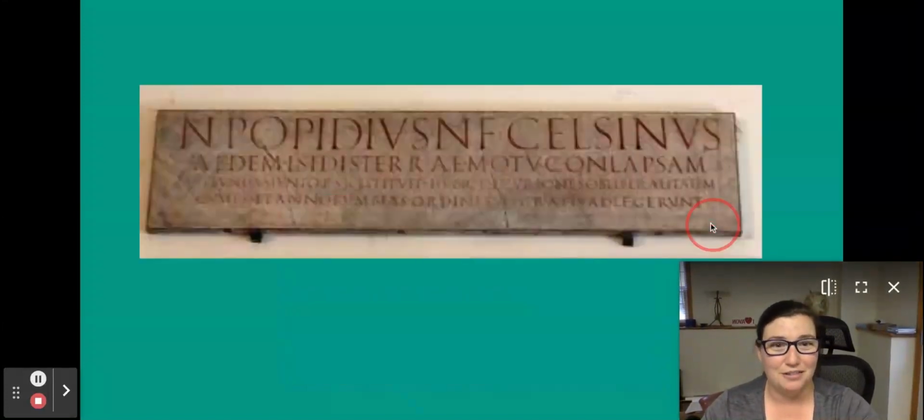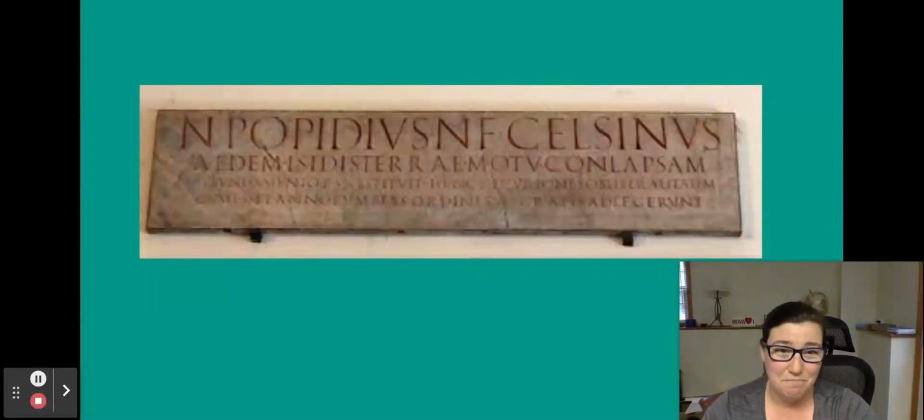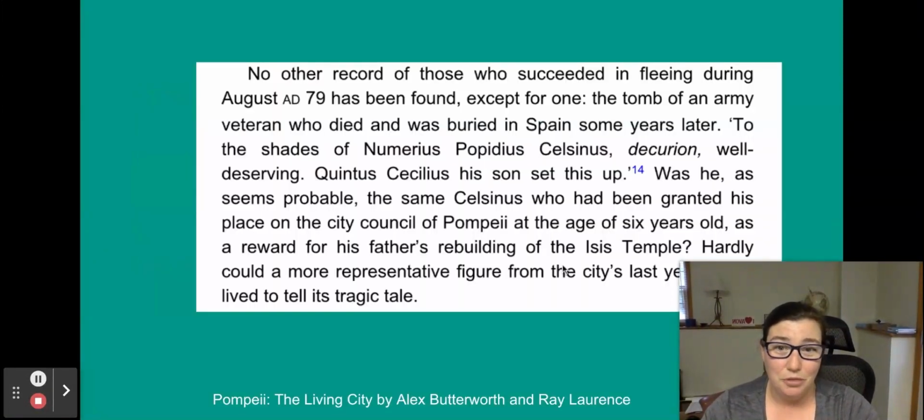Another cool fact about this, though, is that, here's a kind of a cleaner version of this. But the cool fact here, this is a quote from Pompeii the Living City by Alex Butterworth and Ray Lawrence: "No record of those who succeeded in fleeing during August AD 79 has been found, except for one, the tomb of an army veteran who died and was buried in Spain some years later.